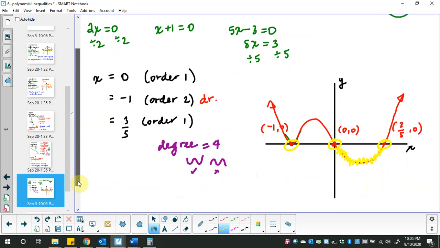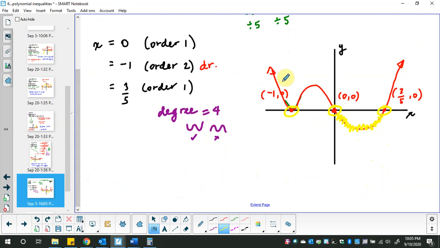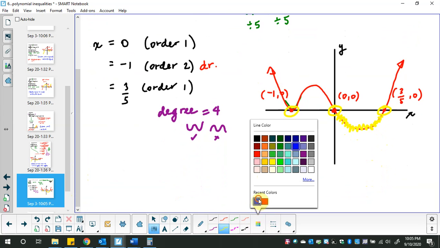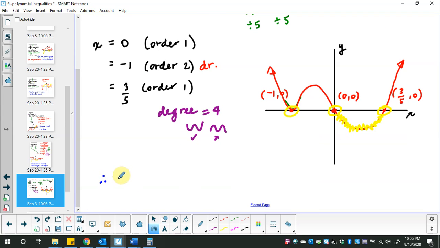So all this stuff doesn't get mentioned. Set x such that x is an element of the real numbers from 0 to 3 over 5, not including either one of them.